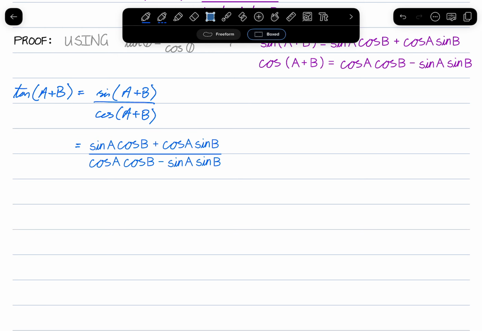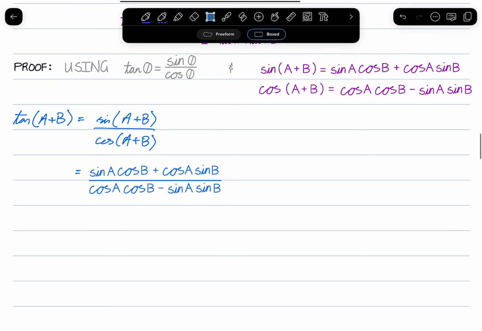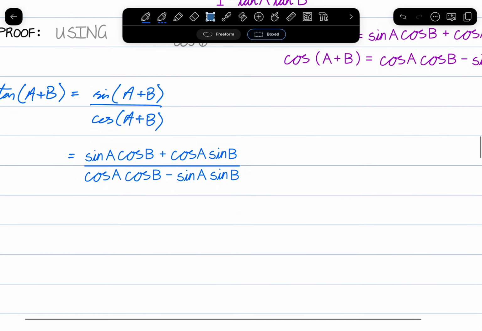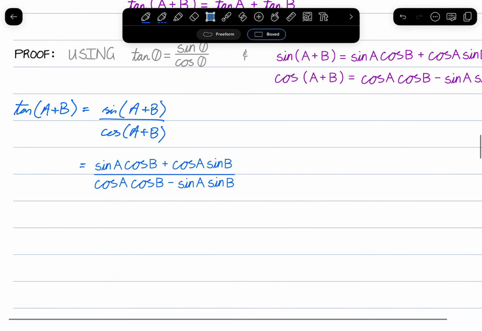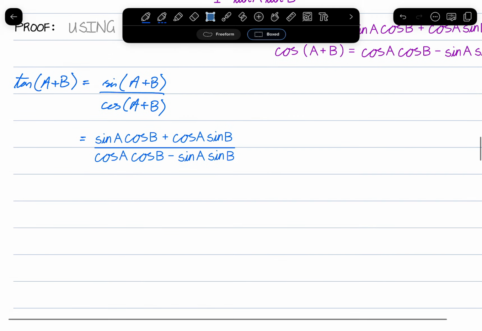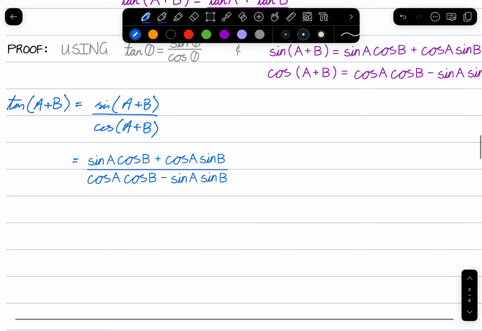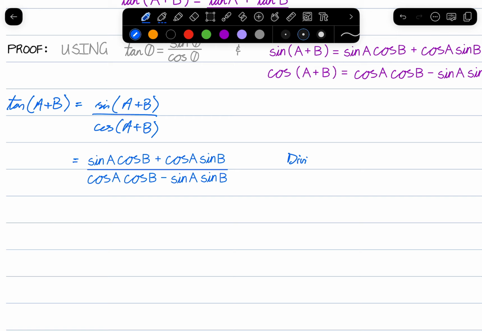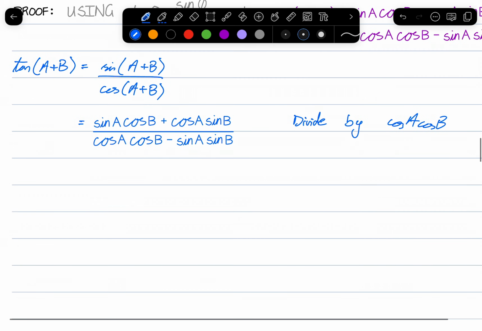Now for this one, it's not as straightforward to know what to do. For this, I'm going to divide everything here by cos A, cos B. So it's going to be dividing by cos A, cos B for every expression here.